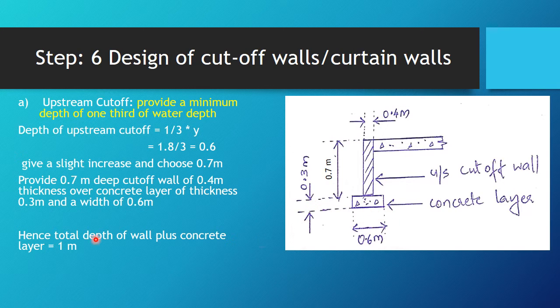So finally the total depth of wall plus the concrete layer is 0.7 plus 0.3, that is 1 meter. That means while we are designing the thickness of wall or finding out the pressures in the next steps from Khosla's theory, the total height of upstream pile will be 1 meter. We will be considering 1 meter as the total height of the upstream cutoff pile.